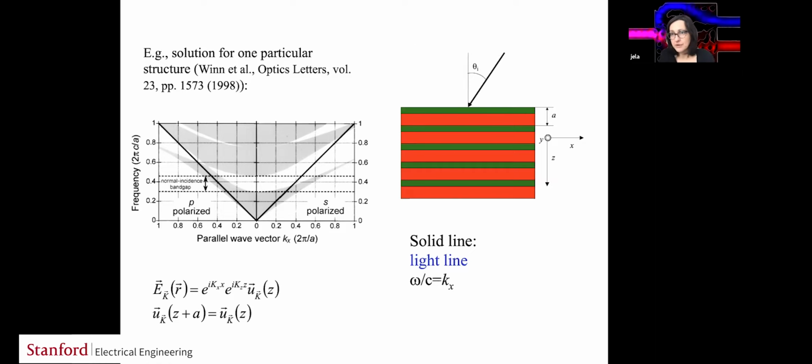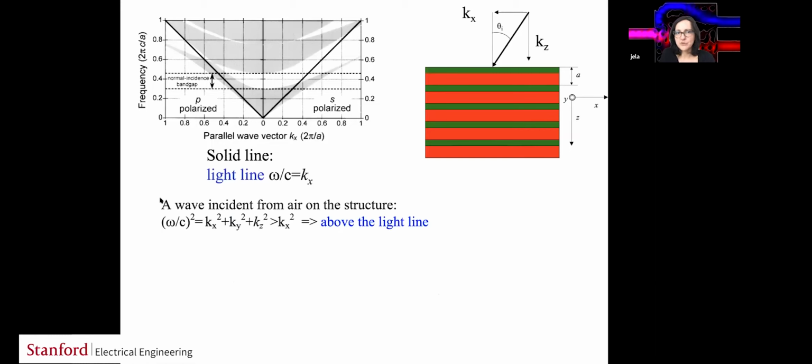They're all real, and you also know that omega over c squared equals kx squared plus ky squared plus kz squared. So omega for that wave would have to be at least on this light line or above it, because omega over c squared is kx squared plus squares of ky and kz, which are non-negative. So any wave incident on the structure from free space would have to be above this line, okay?